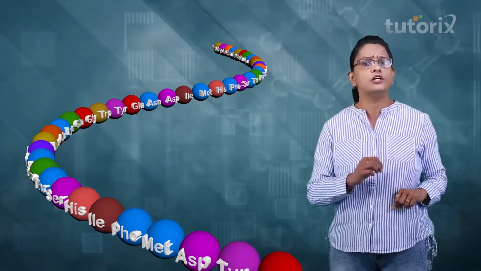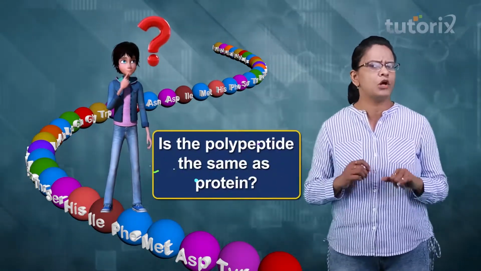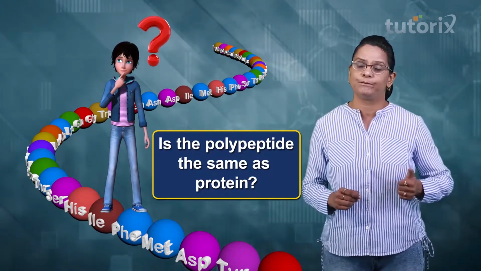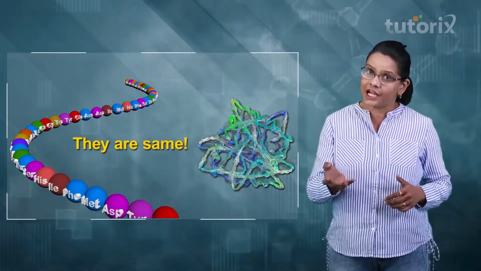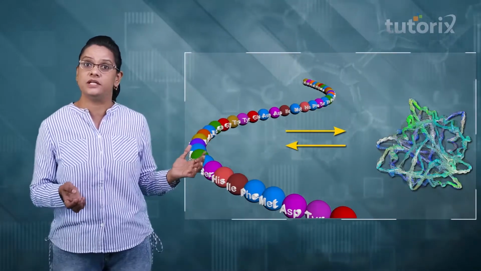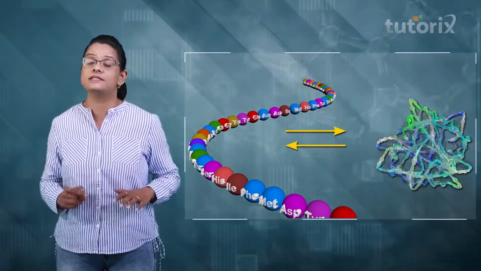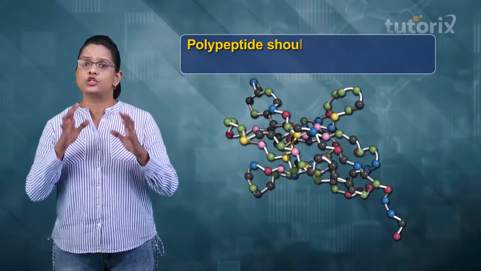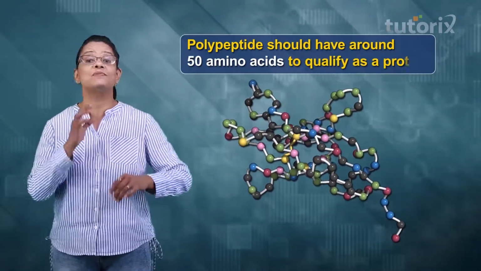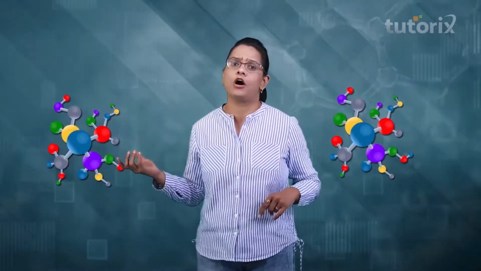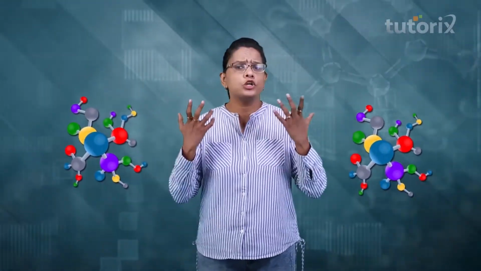Now friends, here you must be thinking, is the polypeptide the same as protein? Well, they are the same and the terms can actually be used interchangeably, but the condition here is that a polypeptide should have around 50 amino acids to qualify as a protein. Now the peptides that are formed, are they neutral or do they have some nature associated with them?